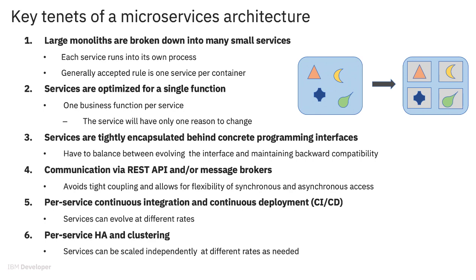In terms of migration, what would be a normal app, what today we call a large monolith, would be broken down into many small services. Each service runs in its own process. There's typically one service per container. Your services are optimized for a single function, one business function per service. This makes them more agile because the service now only has one reason to change.